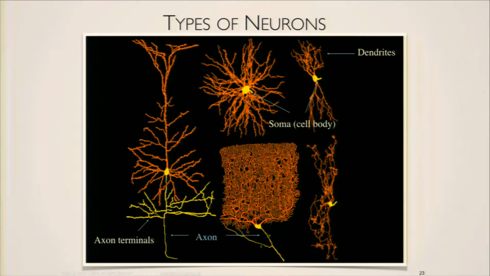So here are some lovely camera-lucida drawings of a number of different neurons, the number being 5. 5 is a tiny sample, of course. The representative number is more like trillions. But neurons are very striking cells in the body, in part because they're incredibly large, many of them.